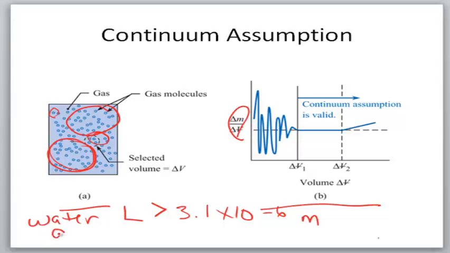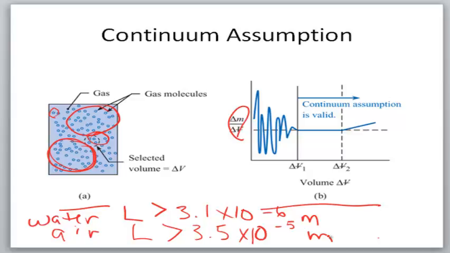Okay, if you're talking about air, which is also very common to many engineering applications, the length scale of your container has to be bigger than about 3.5 times 10 to the minus 5th meters. So again, that's about 35 microns, still really, really small. So everything that we study in this class, again, with air, would probably fall under this domain.